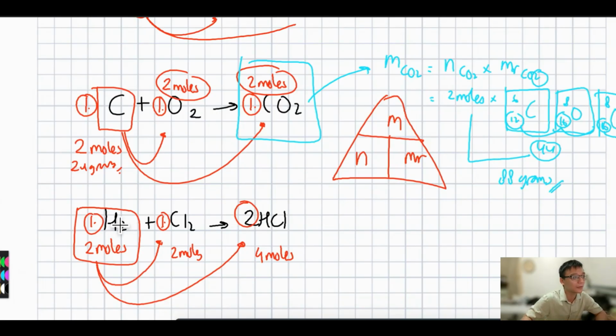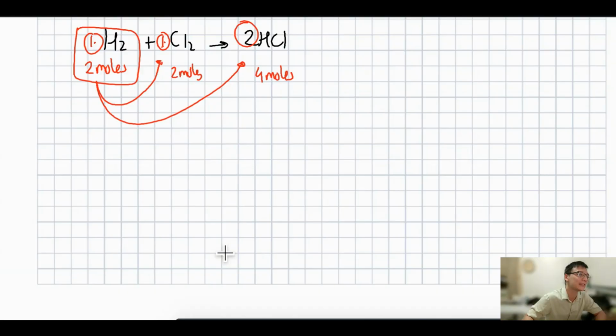This is the first triangle, which is called the mole triangle. And the formula is as such. Actually, scientists have also been wondering whether there is a connection between the mass and the volume. Because sometimes we are not only dealing with solid things, but we are also dealing with liquid things or gas. So for gas, scientists have found out that the number of moles seems to be proportional to the volume of a gas.